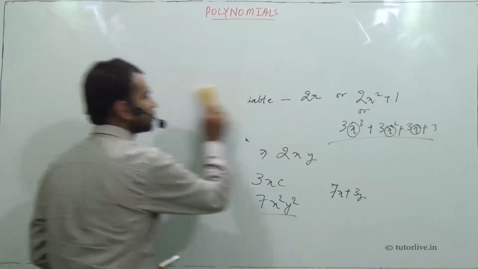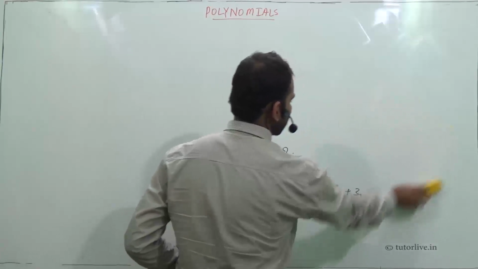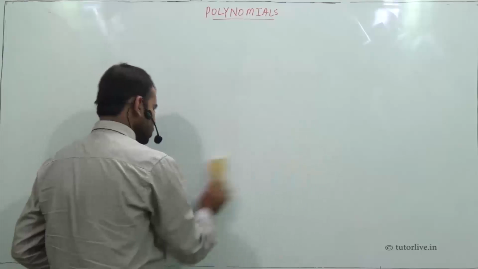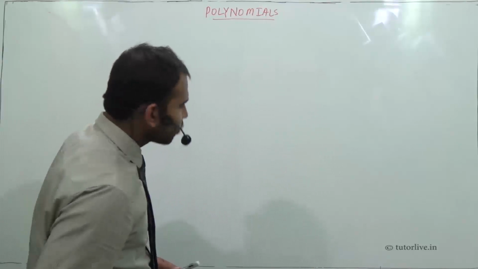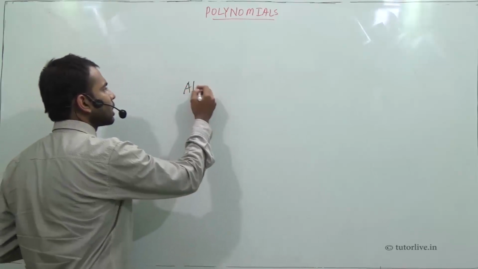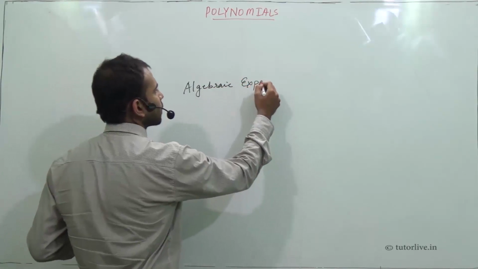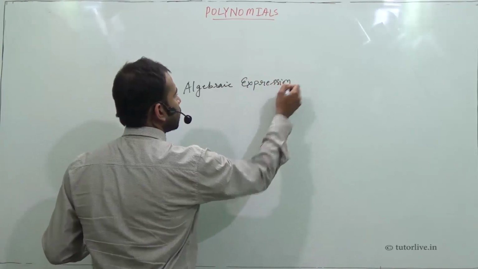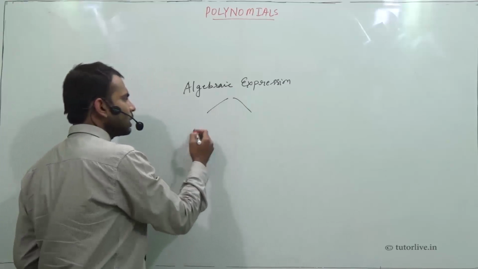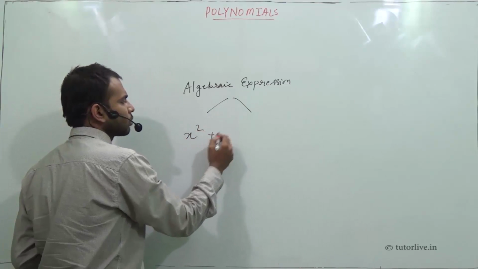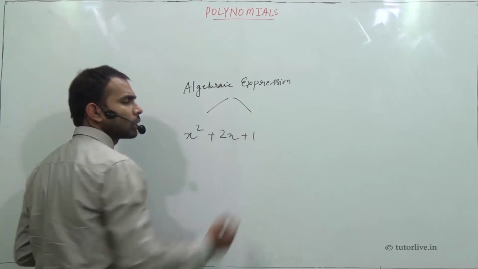These are a few concepts that will be required further. In a polynomial, an algebraic expression, you have two parts. Let's say this is an expression x square plus 2x plus 1, right?